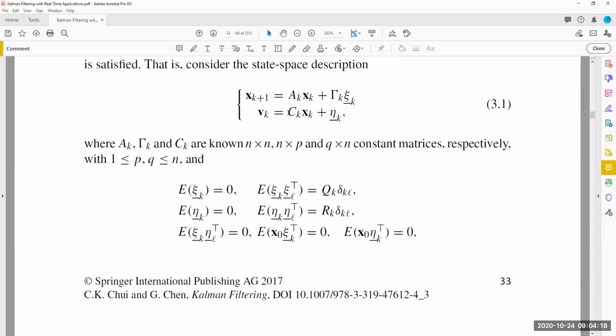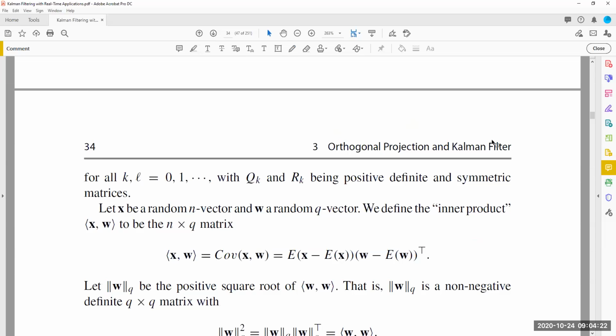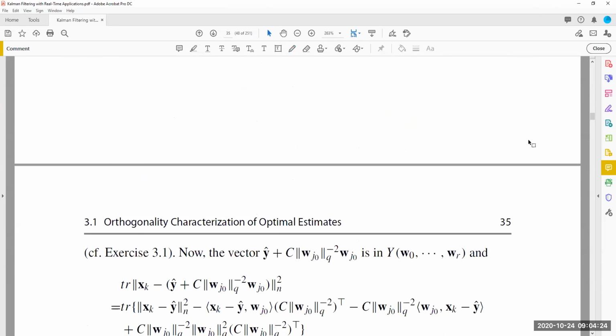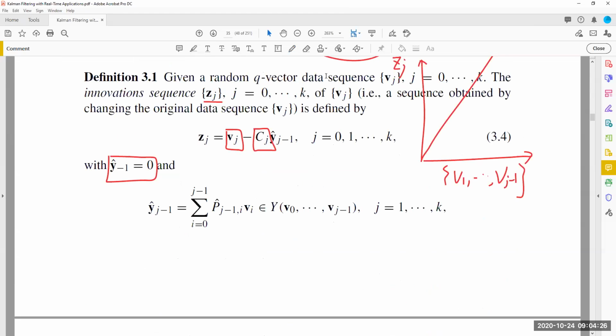That's the Cj here. Then y hat j minus 1 is a linear combination. It's a matrix times the Vi, where Vi is from V0 until Vj minus 1.